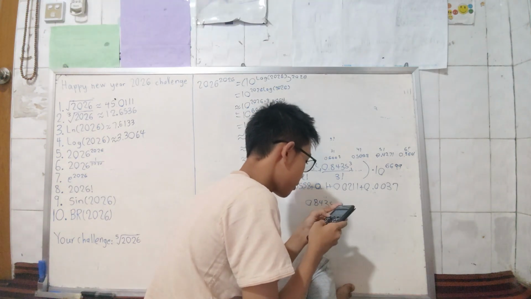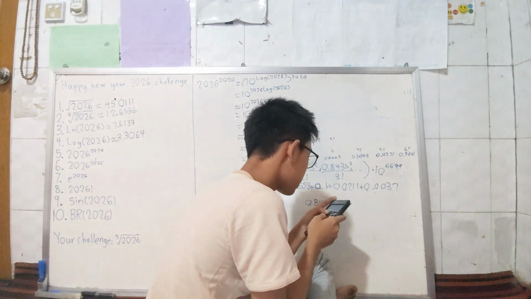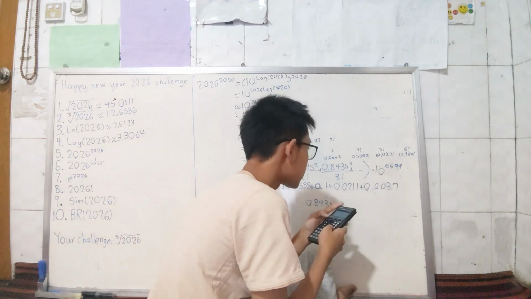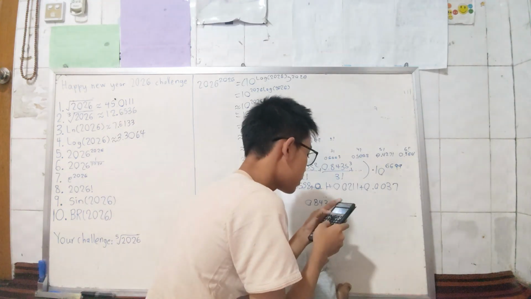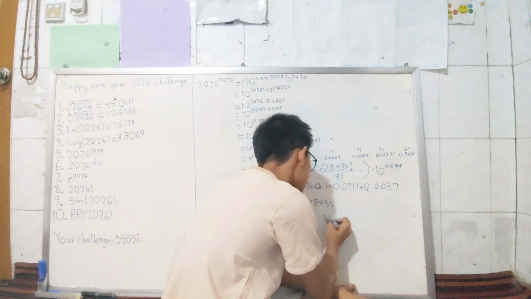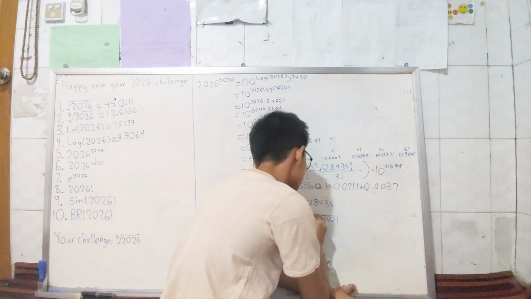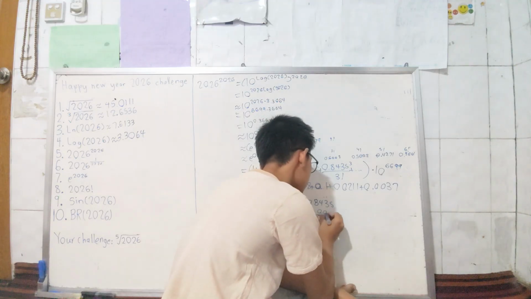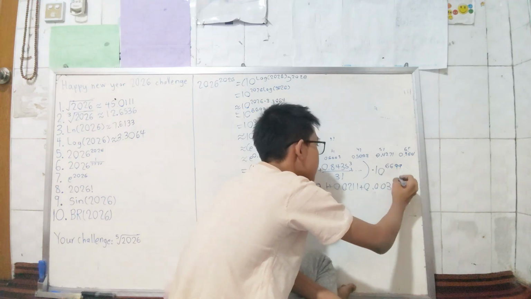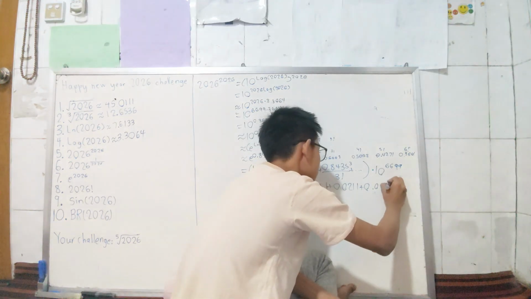Let me check for a bit. 3601, okay. 6 factorial. 0.3601, that's a bit correct, but let me do the division again. That's gonna be 720. 0.0005. Oh yeah. 5. So of course that's gonna be 0.004.